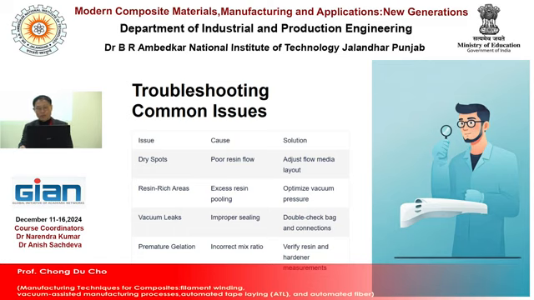It must be controlled. And for the vacuum leak issue, improper sealing is the cause. So double check the back-end connection. And if premature gelation is found, then incorrect mix ratio caused it, and the solution is to verify resin and hardener measurements. Okay? Those kind of common issues can be treated.